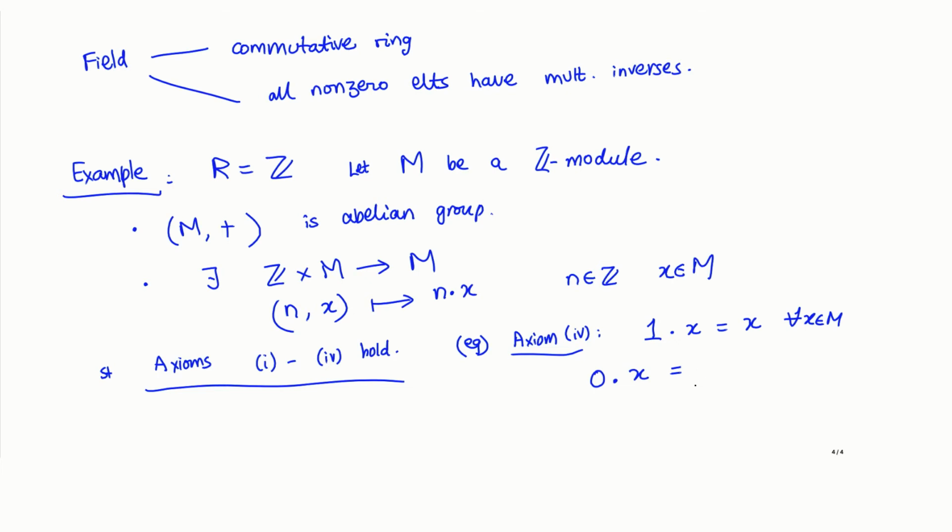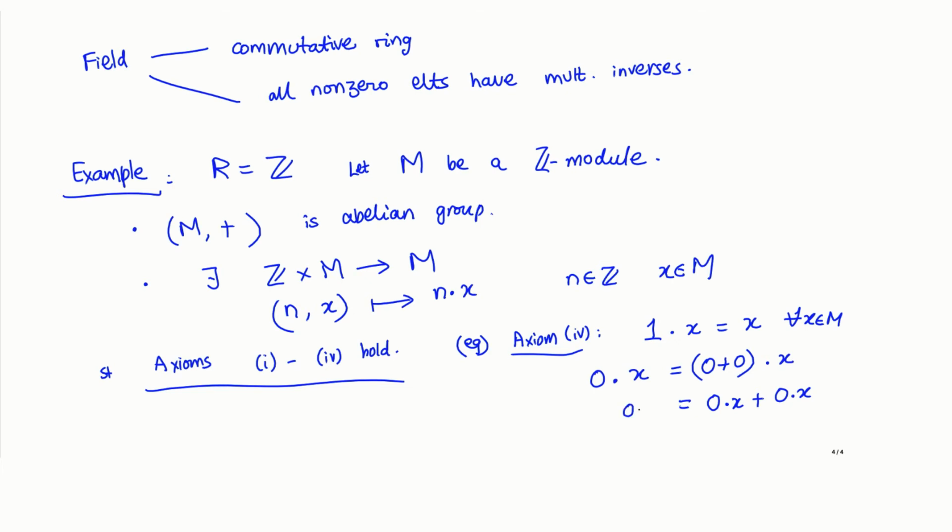You must have seen this calculation many times in previous courses. If I try to compute 0 dot x, I can write it as 0 plus 0 dot x, and then use axiom 2, which is a distributivity axiom, which says this is nothing but 0 dot x plus 0 dot x. So 0 dot x is the same as 0 dot x plus 0 dot x in the module M, and of course M is an abelian group.